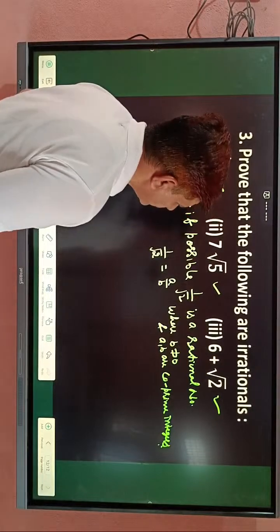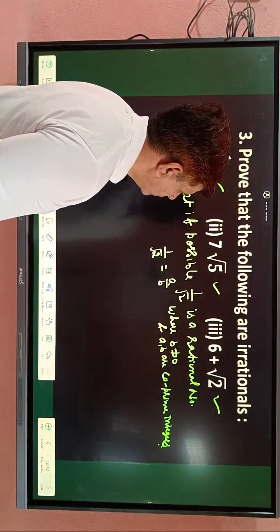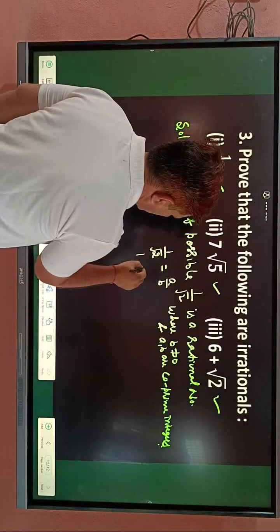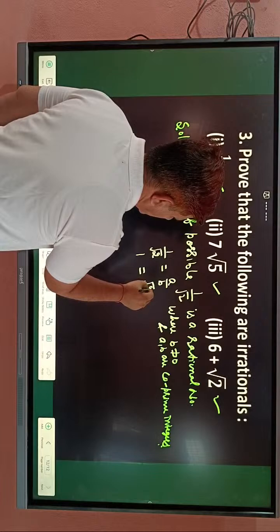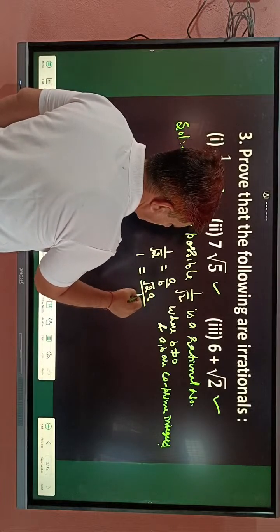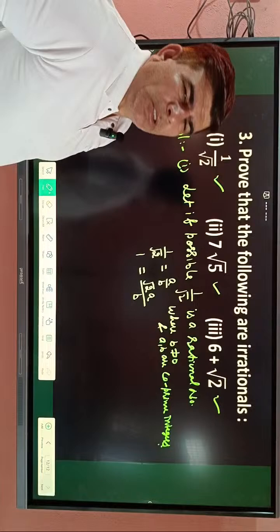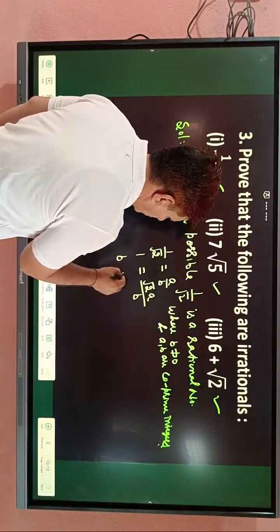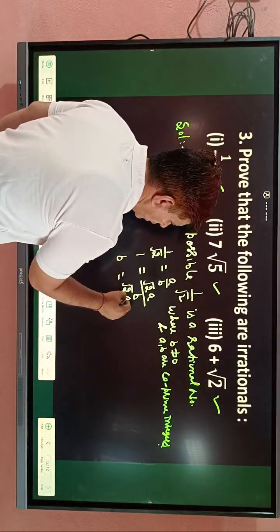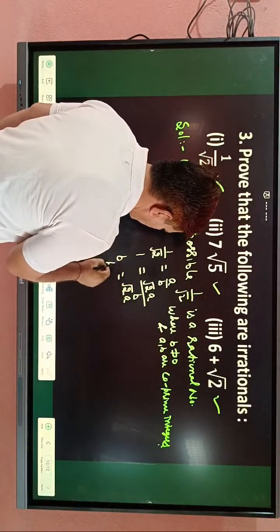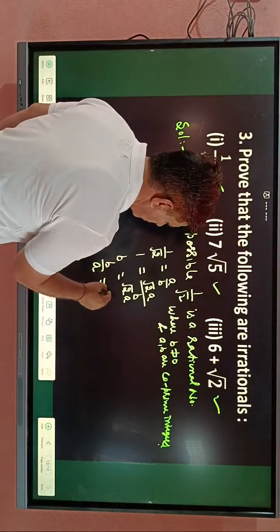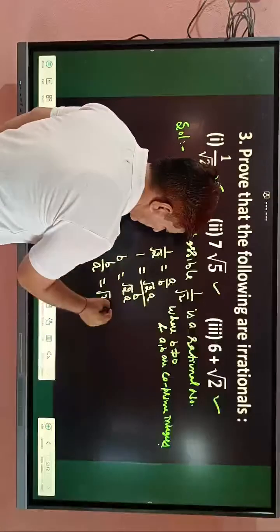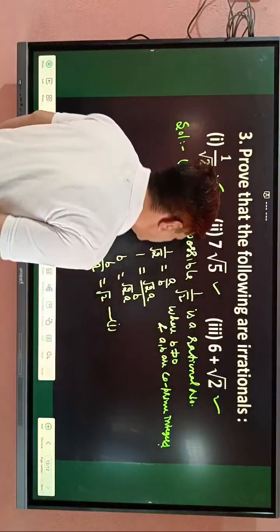Got it? So take this to this side, it becomes 1 equal to n root 2 a by b. Bring b to this side, b equal to n root 2 a. Bring a to this side, b by a is equal to n root 2. What is this?